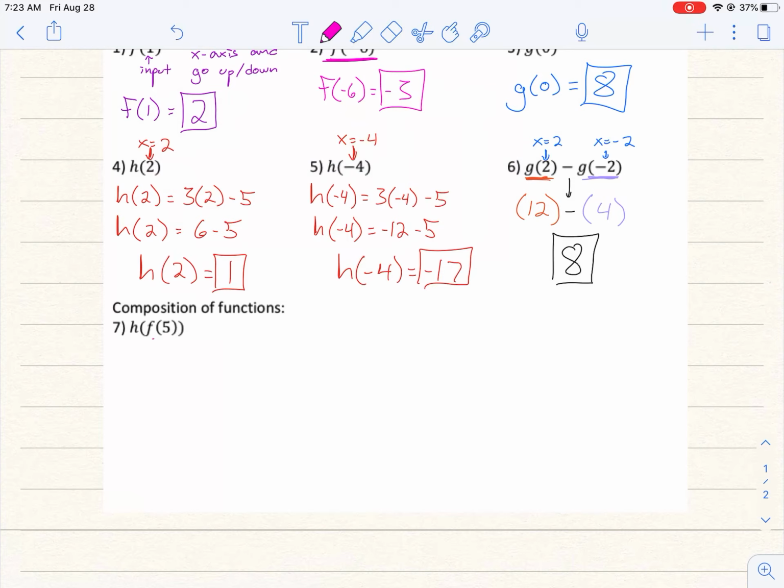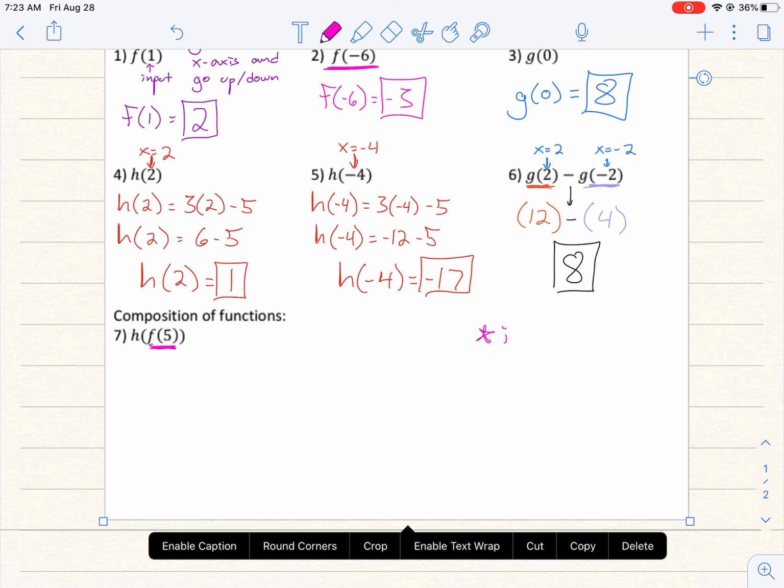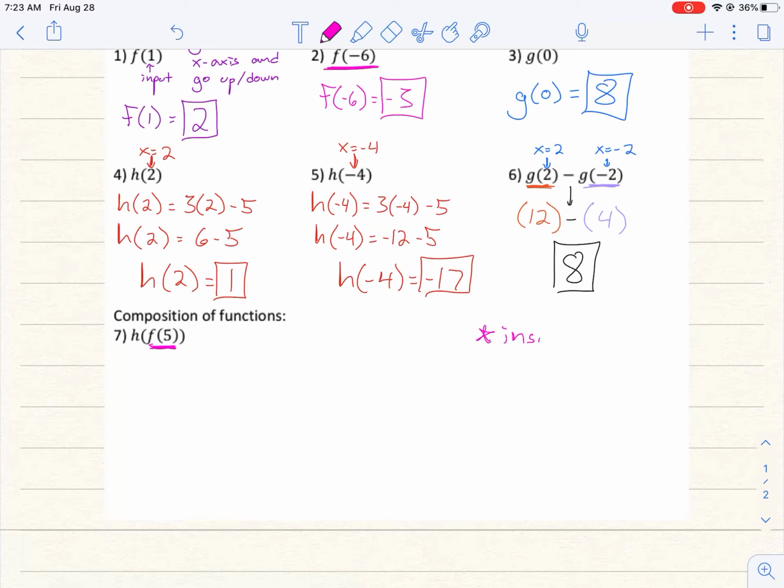So we're going to work on the inside first. You always work on the inner part first. So maybe make a little note over here: inside first.